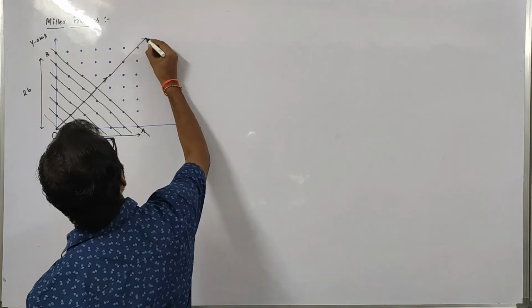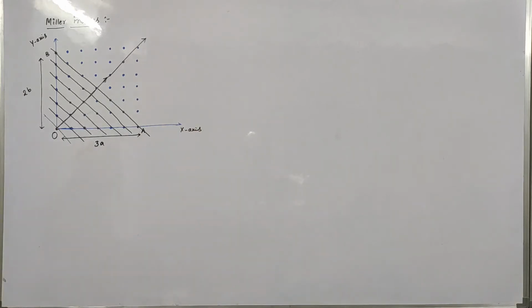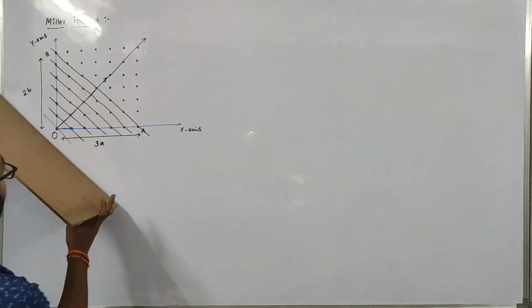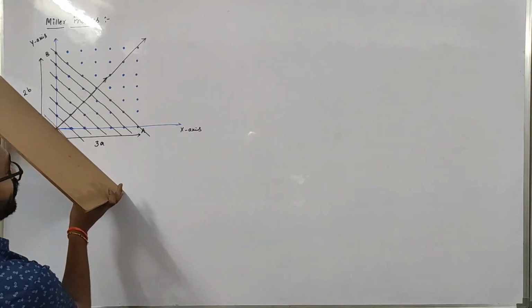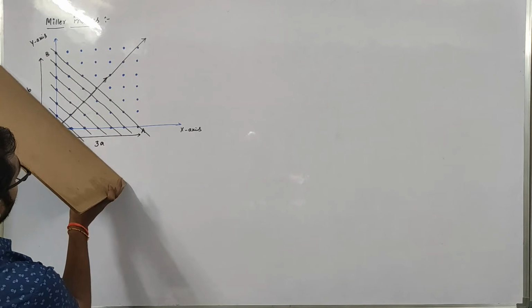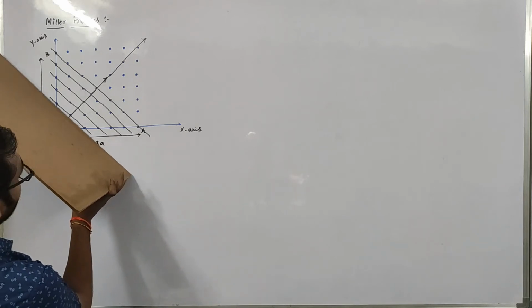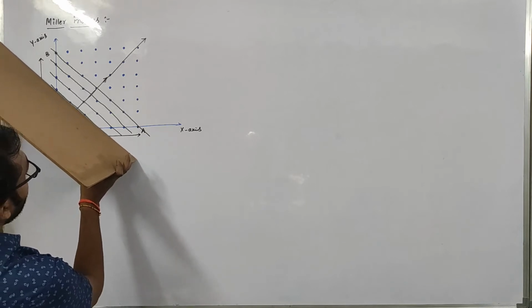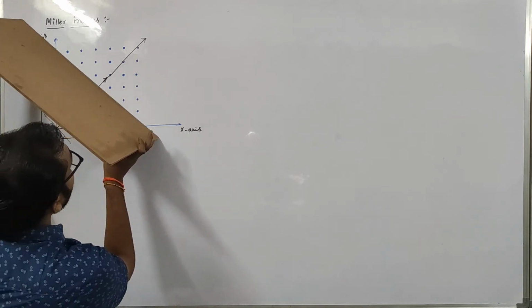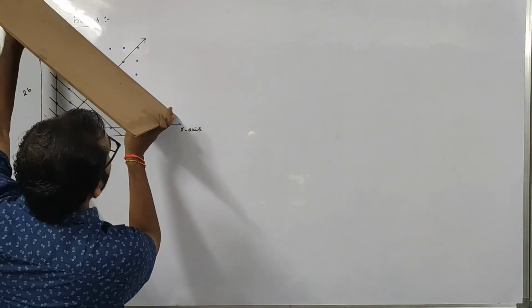So I need to move this plane along face diagonal, and whenever I meet lattice points, I will stop the plane, right? So I will start from here. Next stop will be this, because I have met lattice points. మళ్ళా ఎట్లా అవుతుంది ఇక్కడ? Lattice points. So whenever I meet the lattice point, I will stop this plane.